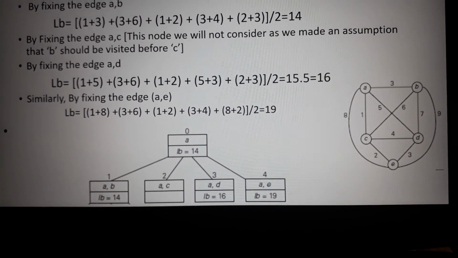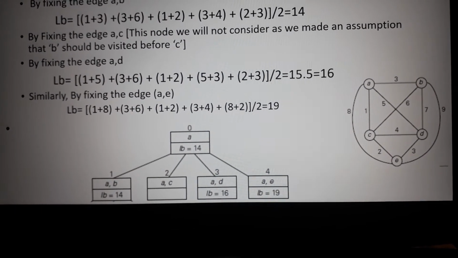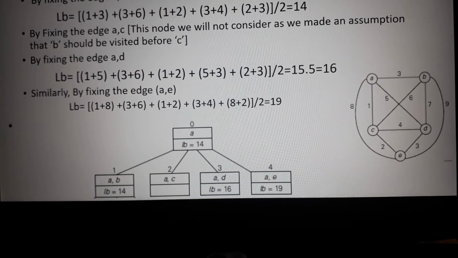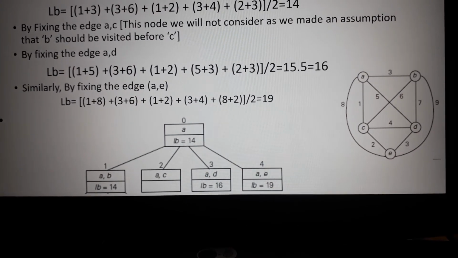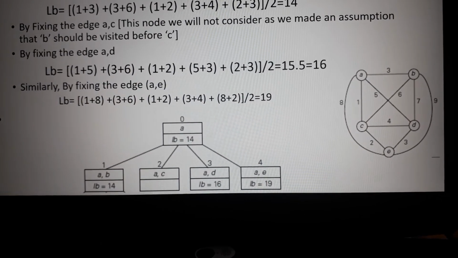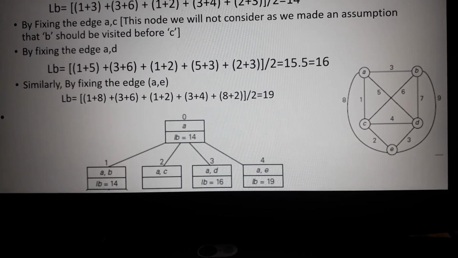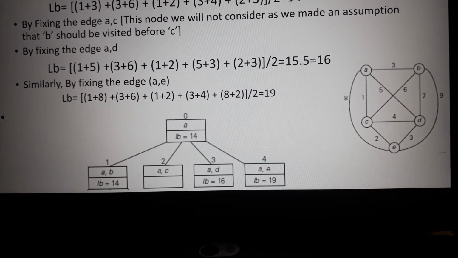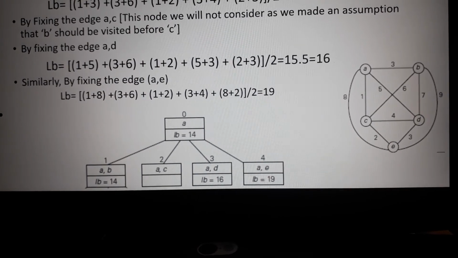Similarly, from the city B, we already fixed the edge from A to B, and the edge from B to A is the same. So, the minimum cost edge is fixed, that is 3, and out of the 3 outgoing edges 6, 7 and 9, the second minimum cost edge is 6. So, the total sum for city B is 3 plus 6.